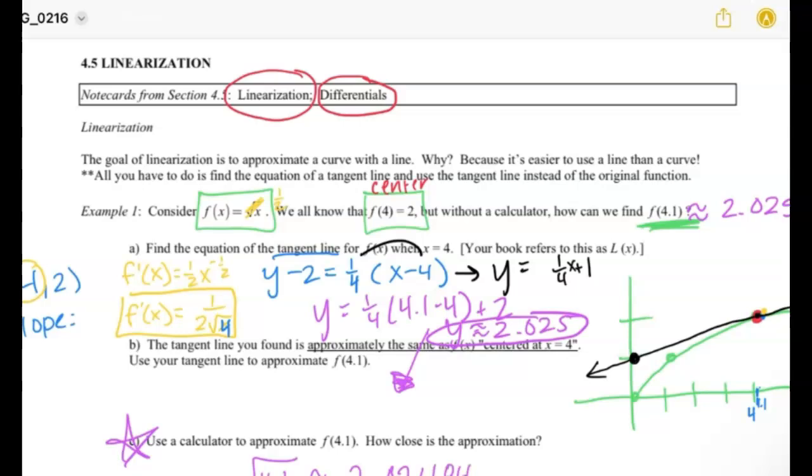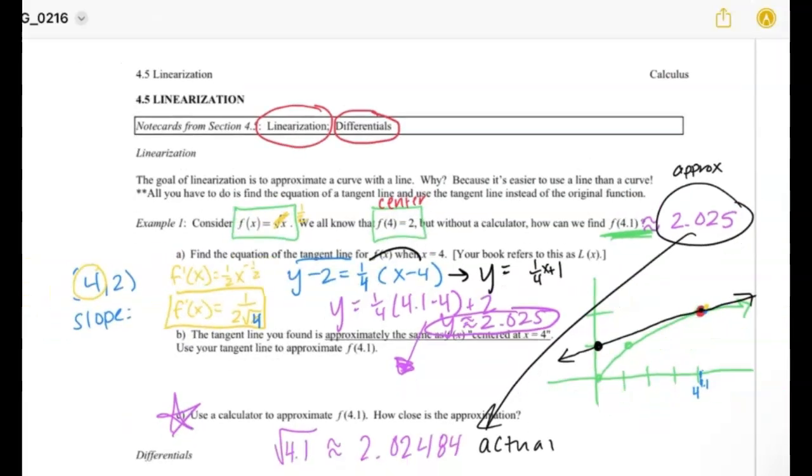Our approximation was pretty close. So this is the actual, and this is the approximation. Sorry, I did not realize my screen cut off. There we go.